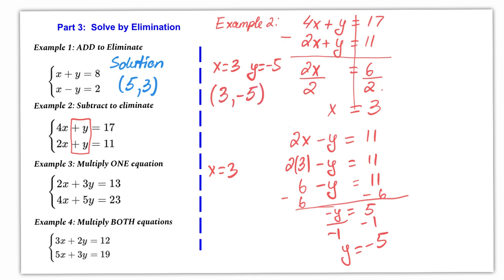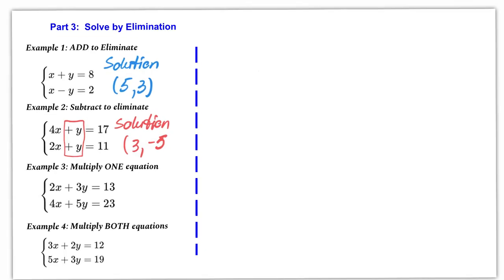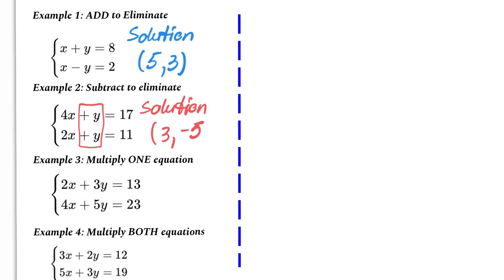So 3 comma -5. So let's go ahead and write our solution. 3 comma -5.